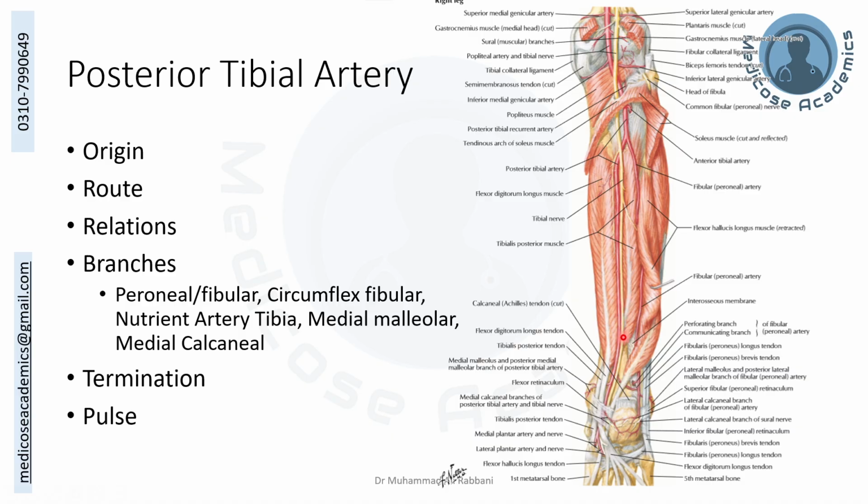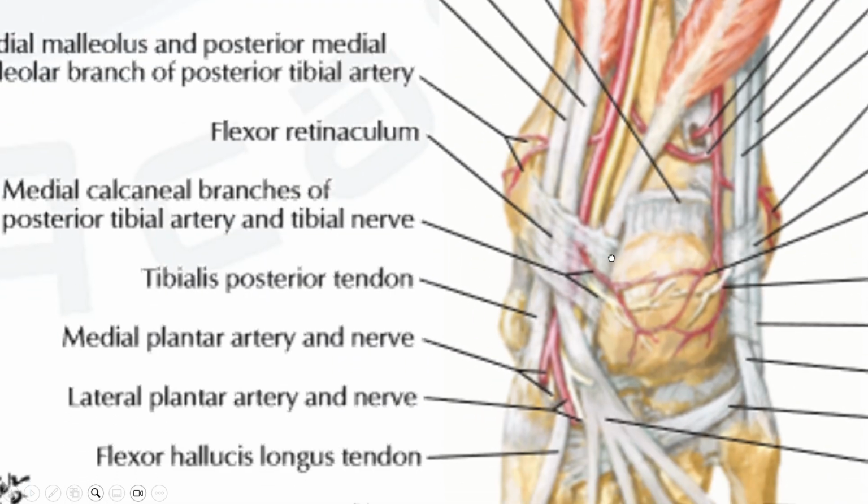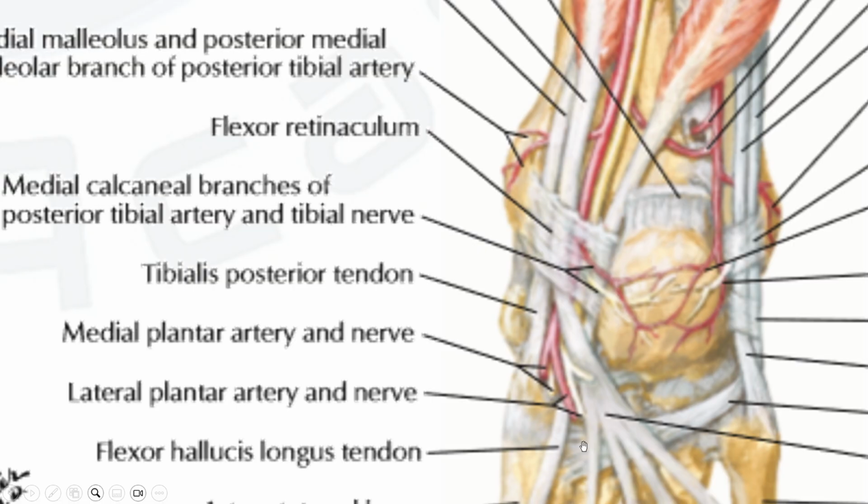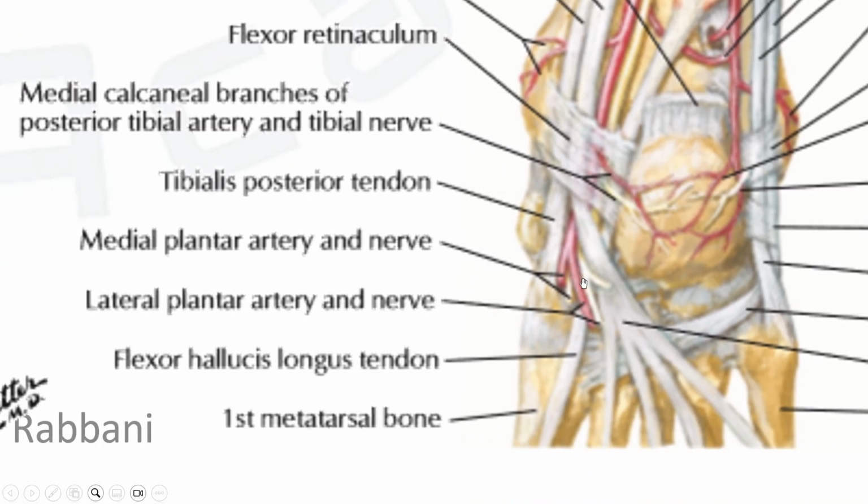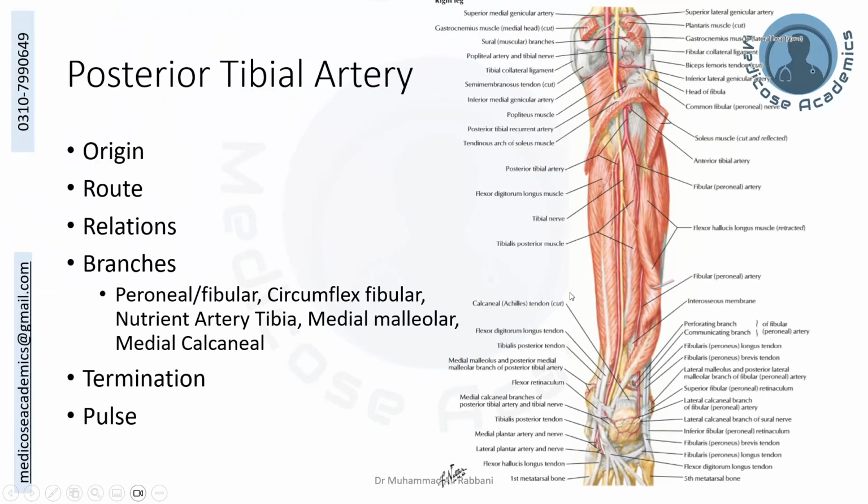It runs down all the way and goes behind the medial malleolus under the flexor retinaculum, and it ends here by dividing into the medial and lateral plantar arteries. So this is the basic origin, termination and basic route.